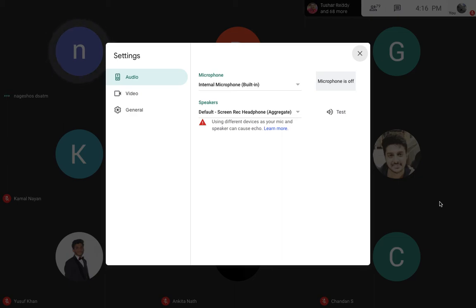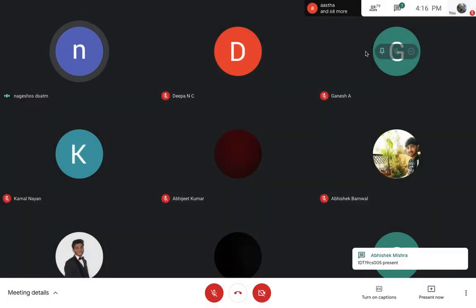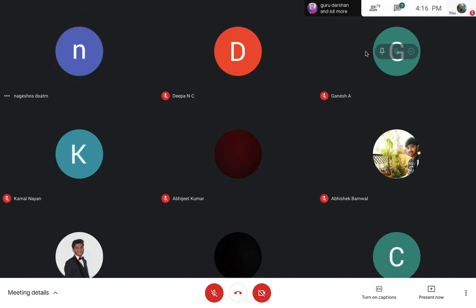Next, Abhishek, USN 4. Present, sir. USN 5, Abhishek Mishra. Present, sir.